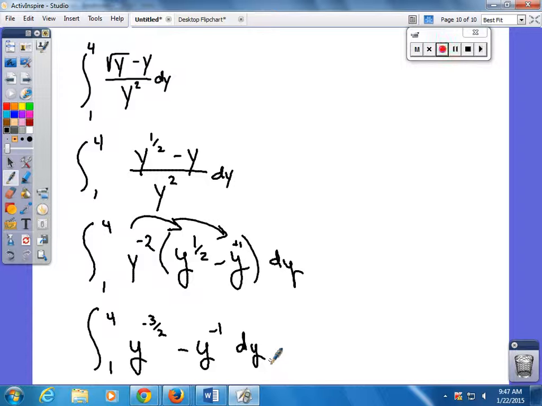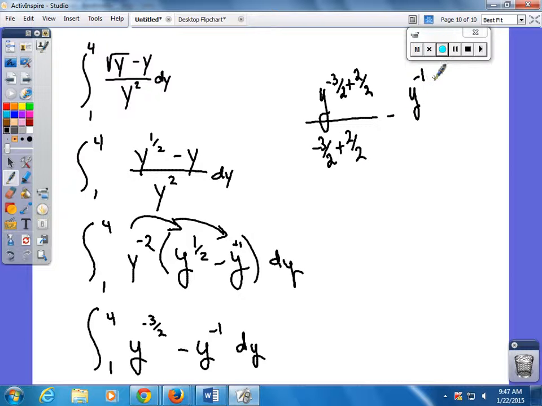So now let's take the antiderivative: y to the negative 3/2 plus 2/2 over negative 3/2 plus 2/2, minus y to the negative 1 plus 1 over negative 1 plus 1.